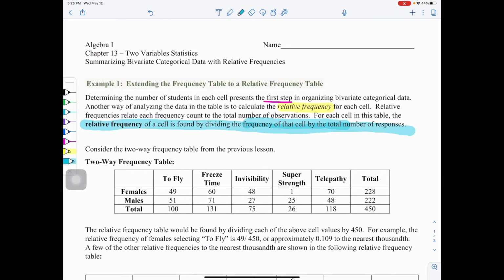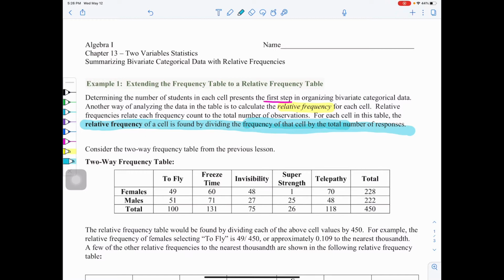Whereas if I had a 49 in another category for males, only 222 males were surveyed. So the reason we make a relative frequency is to give it all basically an even playing field so then we can see what the statistics are actually telling us.